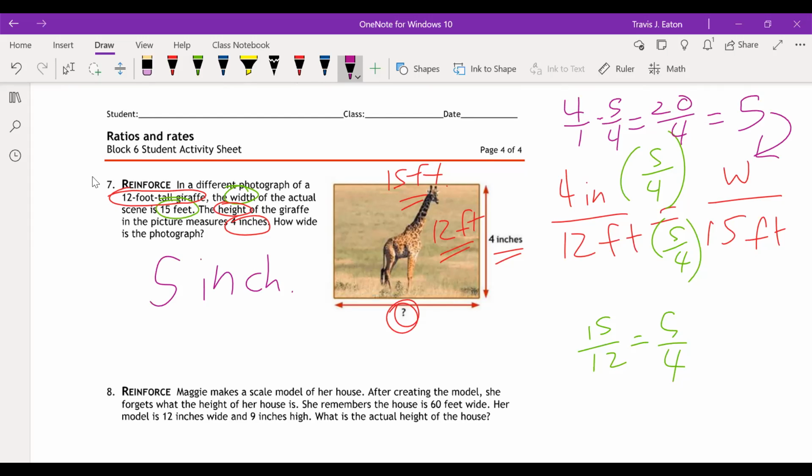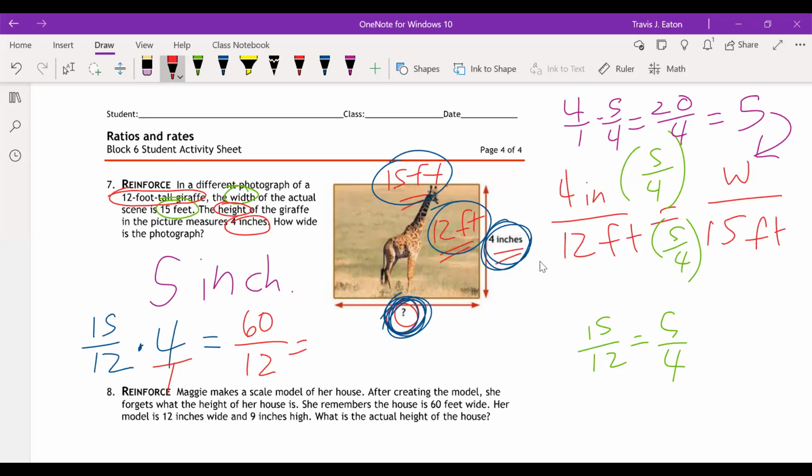Now, if you want to do this in a different way, we could set it up using the constant of proportionality equation. I can show you that really quickly here. Give me just a second. I'll pause this for just a moment.